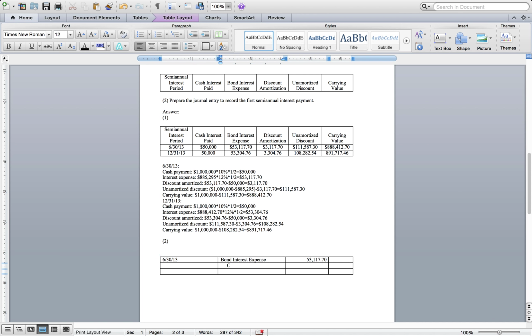And then you want to credit cash for the $50,000. The last part, you want to credit here discount on bonds payable for the remaining portion of the discount amortization, which is $3,117.70.